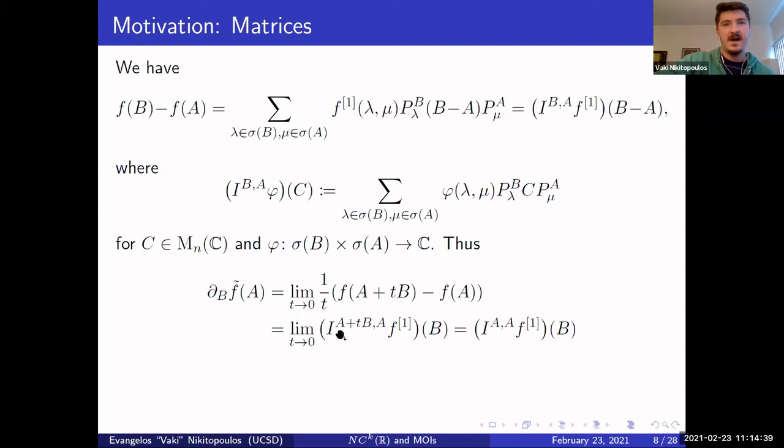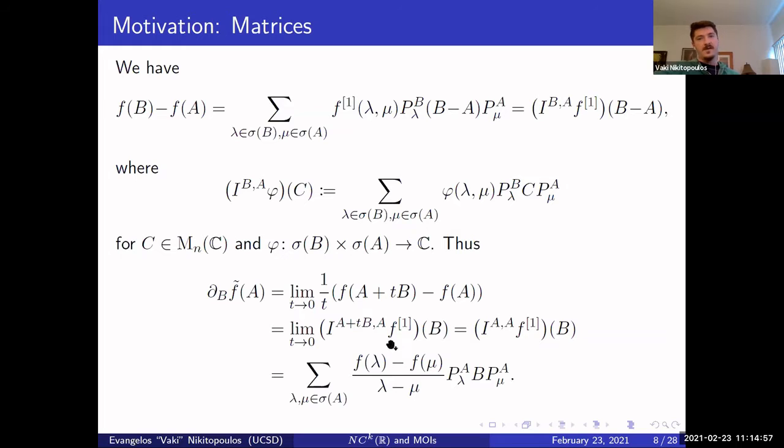And I'm left with I^{A+tB,A} of f[1] applied to B. And now in the matrix case, it's not too hard to see, but I'll maybe leave it as an exercise, that it's a consequence of the continuity of f[1] that this operation is continuous in these two inputs. And so I'm left with the formula that I claimed: I^{A,A} of f[1] applied to B. So that's this formula. Now I use the letter I to be suggestive for integral, and I'll explain why shortly.